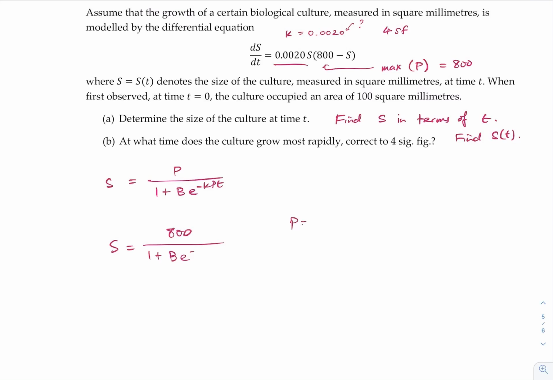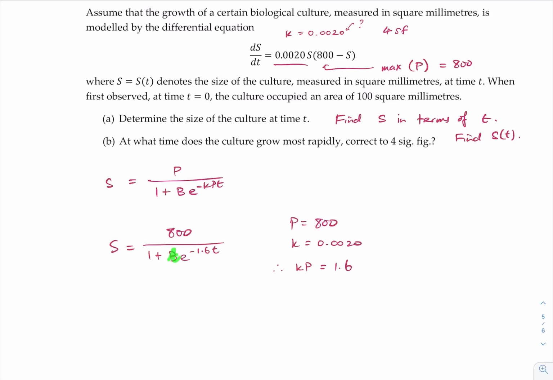So we've got P equals 800, k equals 0.0020, so therefore kP equals, I've got this written somewhere, calculator. 1.6. Negative 1.6t.